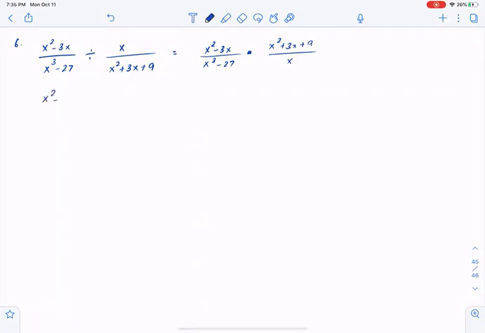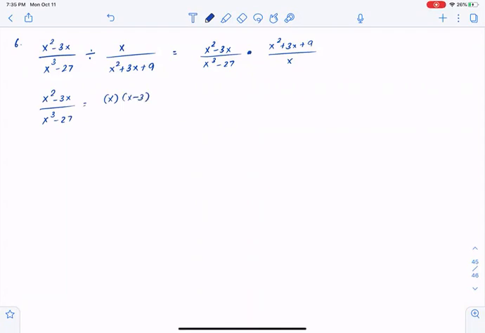So the first rational expression, x squared minus 3x divided by x cubed minus 27. The numerator, I have an x in common. So I could pull that out. That would give me x times x minus 3.